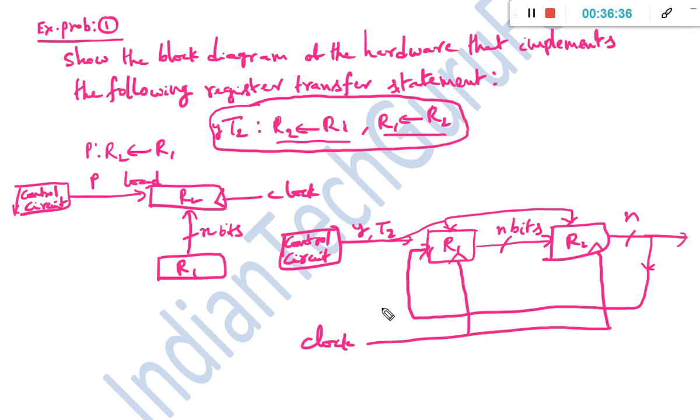However, you should remember that the control circuit is going to determine the values of Y as well as T2, and there are two operations that must be performed simultaneously: R2 assignment R1 as well as R1 assignment R2.